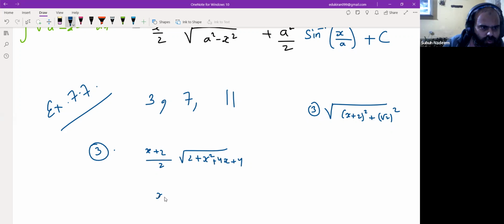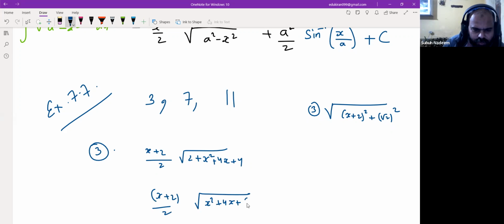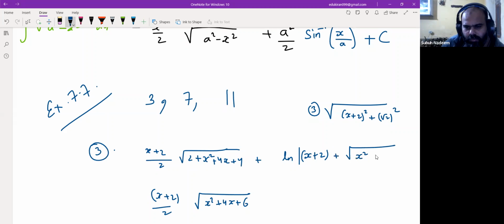So can't you write it like this? (x plus 2)/2 into root over x square plus 4x plus 6. Yes, the question itself. Then plus log mod of x plus 2 plus root of x square plus 4x plus 6, plus c.